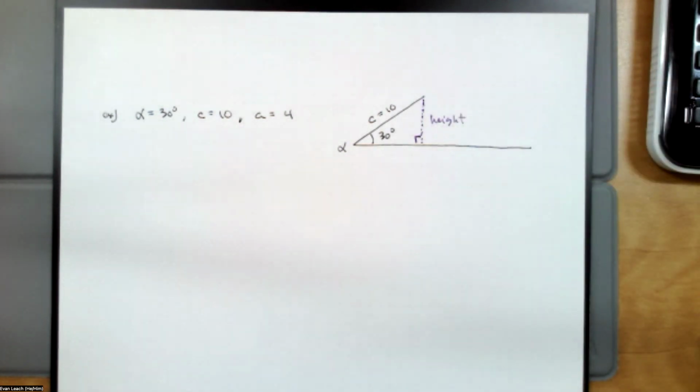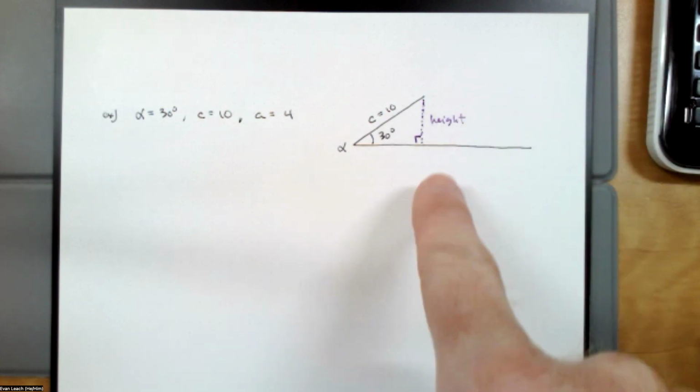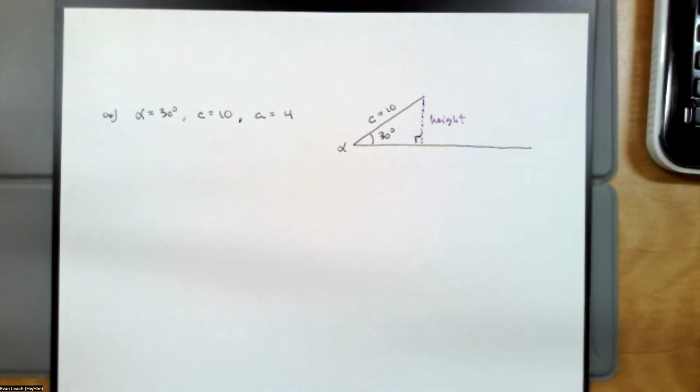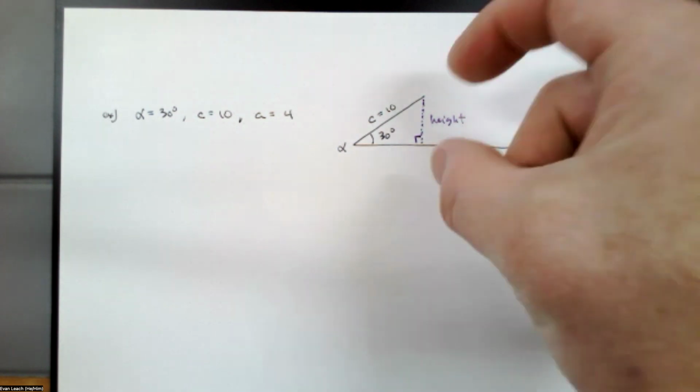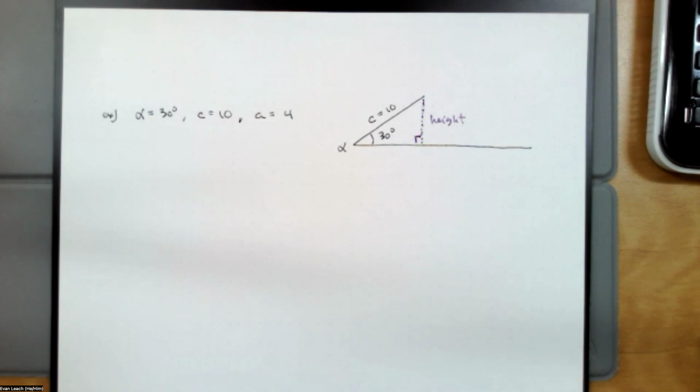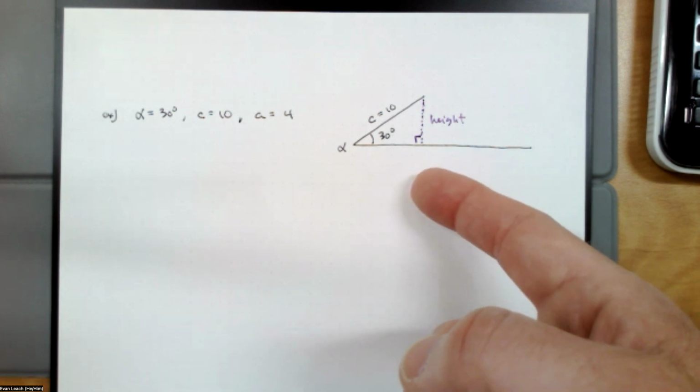So if I make the side opposite the given angle too small, I won't be able to make a triangle. If I make it just right, I can get one right triangle. The one we had last time, the side opposite the given angle was greater than the height, but less than the other given side.